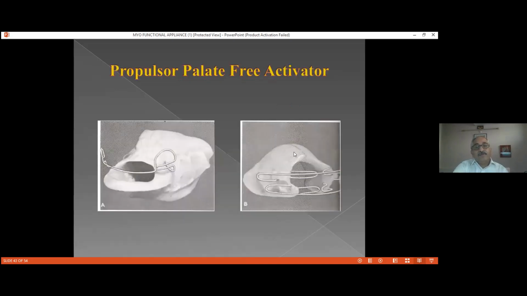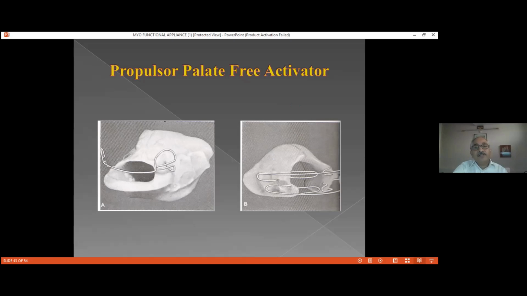Now, these are certain modifications of the activator. These are propulsor, palate-free activator, which was later made more comfortable by reducing the bulk. Some wires have been added where we can utilize more wire and reduce the acrylic component of the activator.